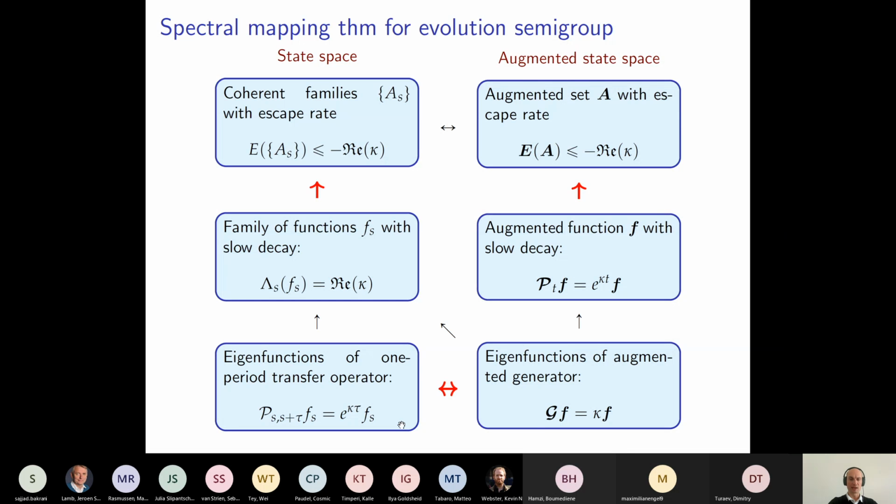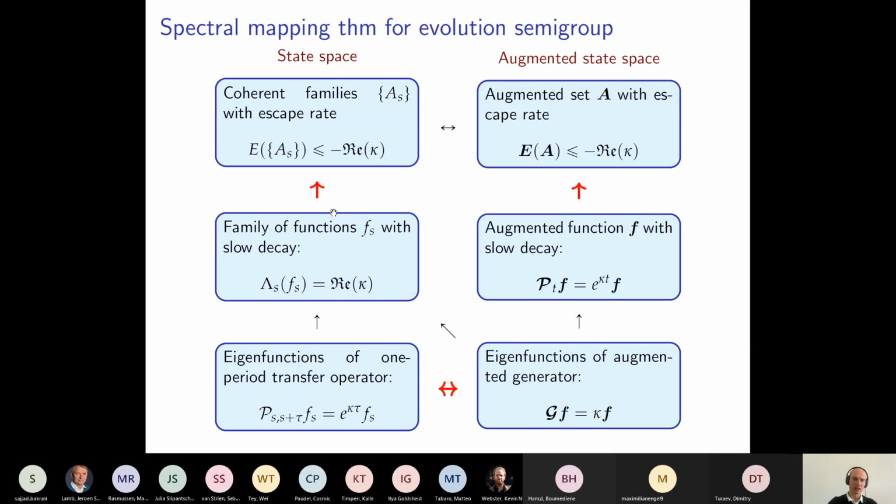This can be connected to the eigenfunction of the one-period transfer operator. This already has the flavor of some multiplicative ergodic theory and some oseledets splittings for this cocycle of transfer operators. If these things are something your ears are familiar with, then just take this as a connection.